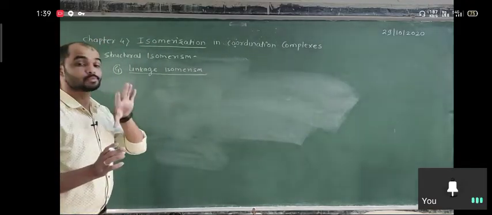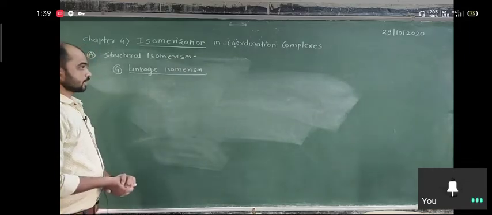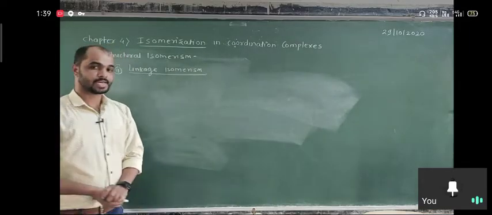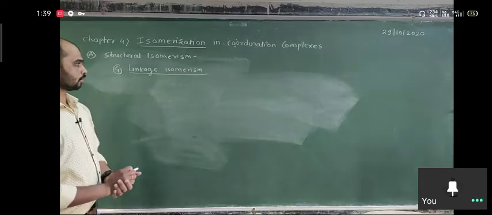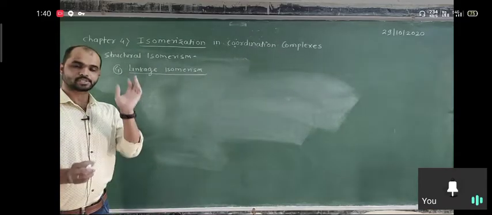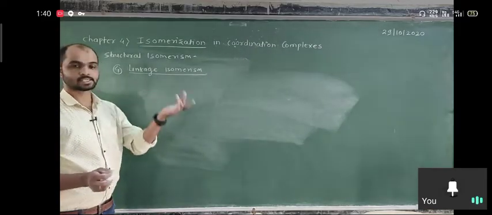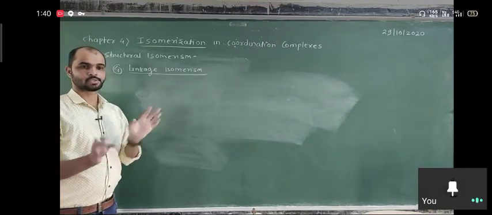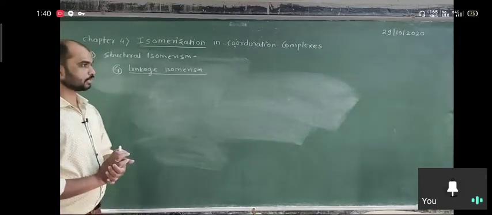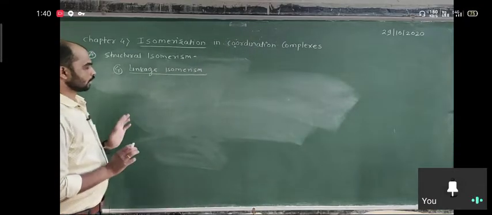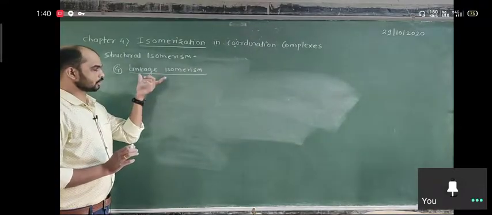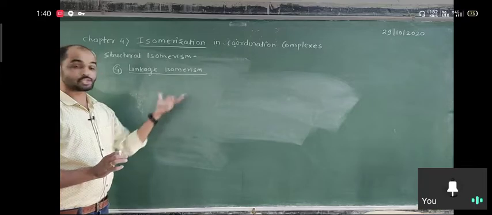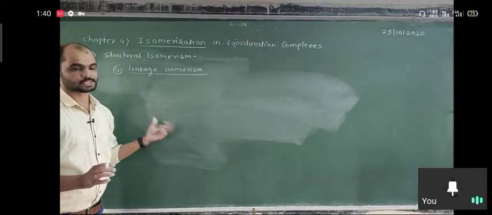But the monodentate ligand itself has the tendency to donate the electron to the central atom through two different atoms. In the first case, one atom; in the second case, another atom. Both atoms are not used at one time. They use both atoms in different conditions, different complexes. So here the linkage formed with the ligand is different in two coordination complexes.